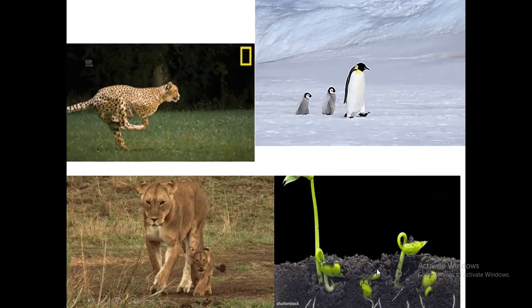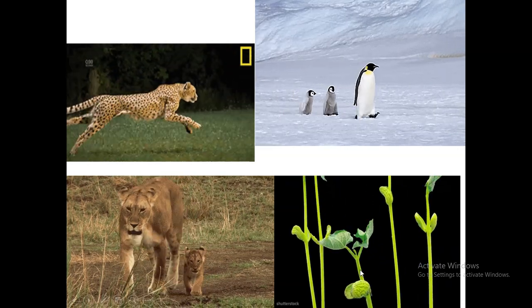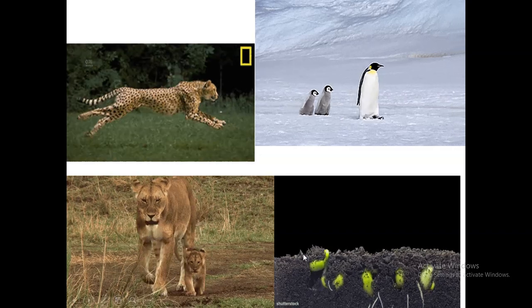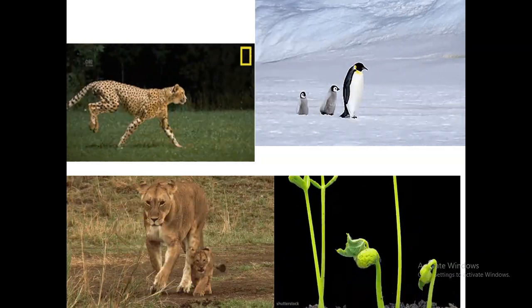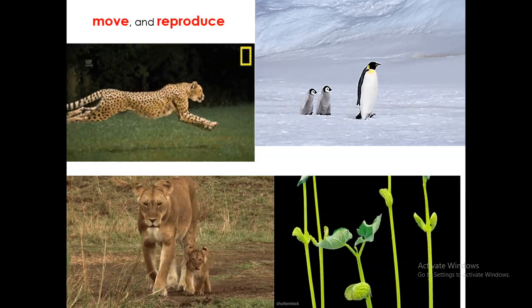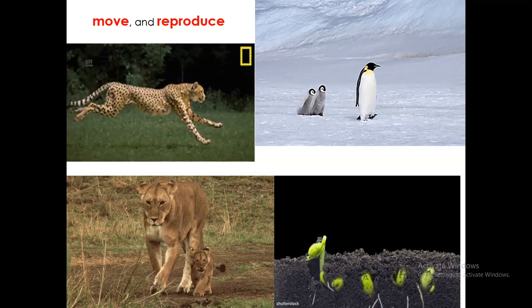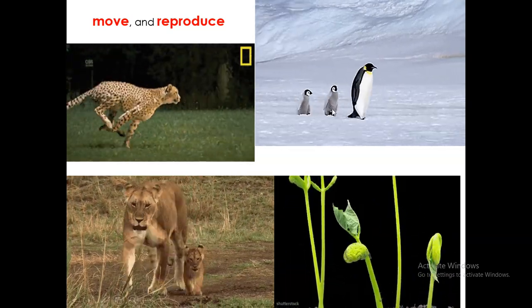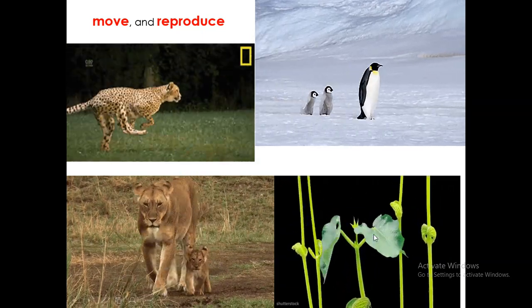They can also grow, and they can also make new plants. So living things, as we said earlier, can grow, move, and reproduce. Reproduce means that they can make babies, like animals and humans, and for plants, they can make new plants.